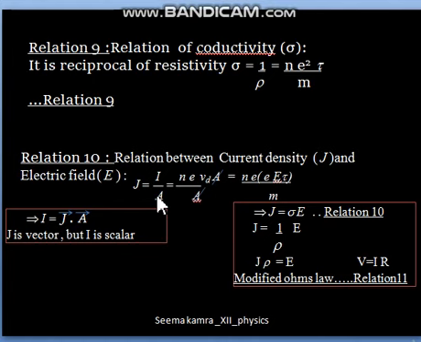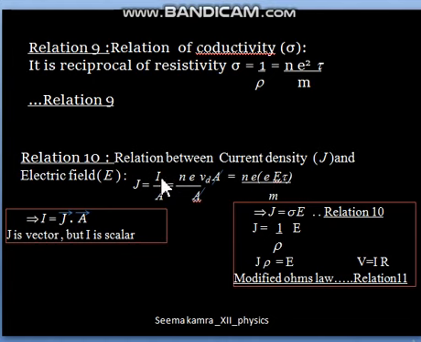Now after getting the introduction of current density, we will proceed to the relation. Our target is to get the relation of J with E. So how can we get E? We already know the current, so we can proceed to the E relation.